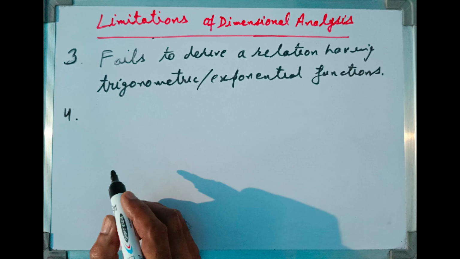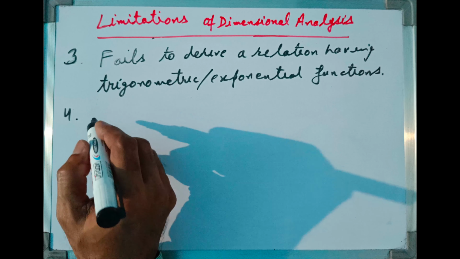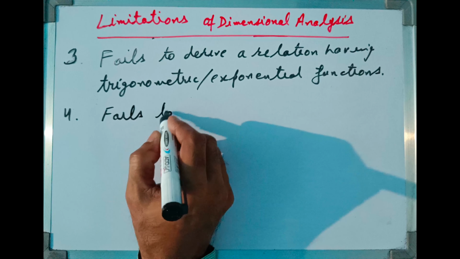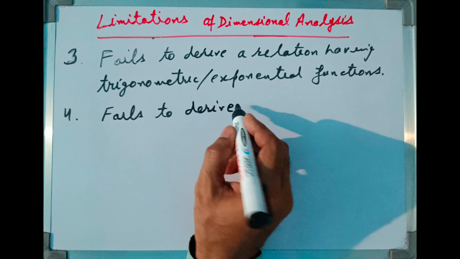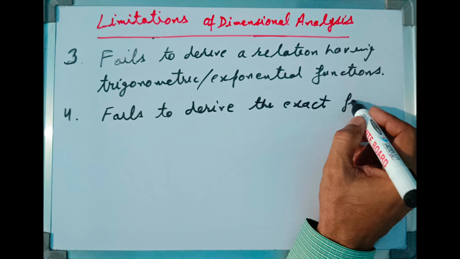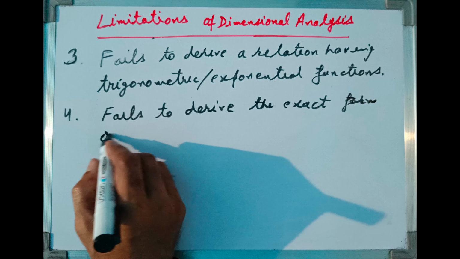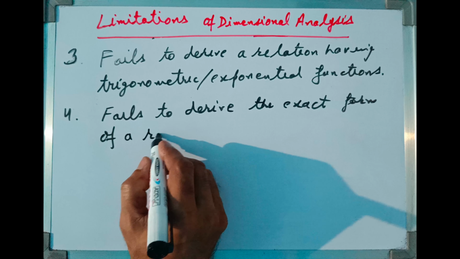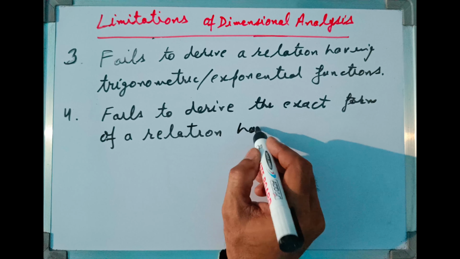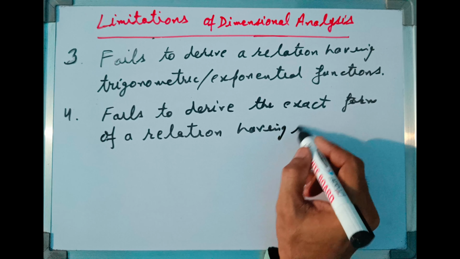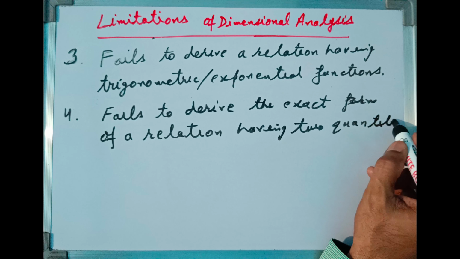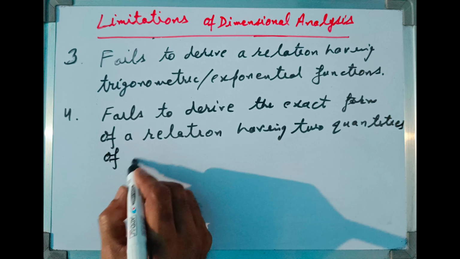And limitation number 4 is that this method fails to derive the exact form of a relation having two quantities of same dimensions.